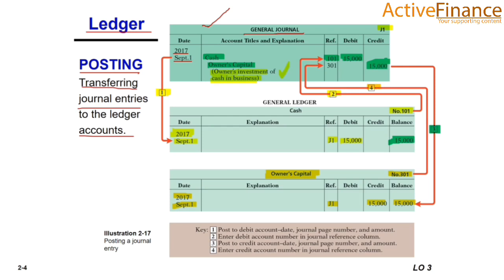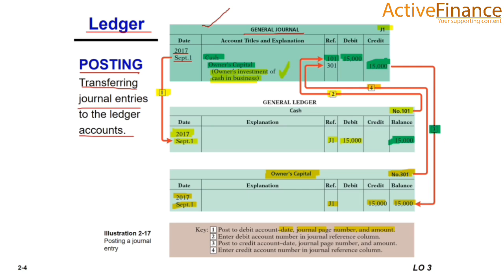The fourth step is we will provide the reference number of the transaction. These are key points provided to you so that you can make your concepts more clear. In the first posting we did it like this. We provided the date, journal page number and the amount of that transaction.